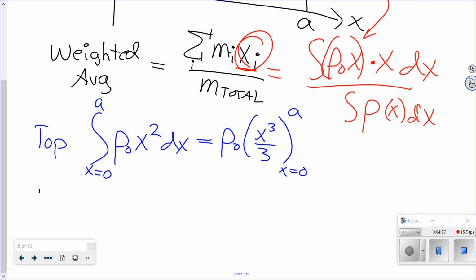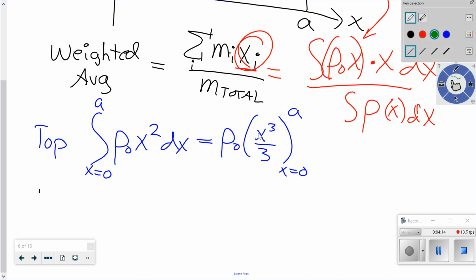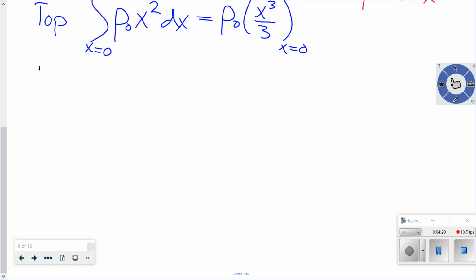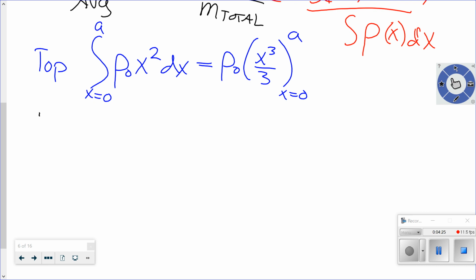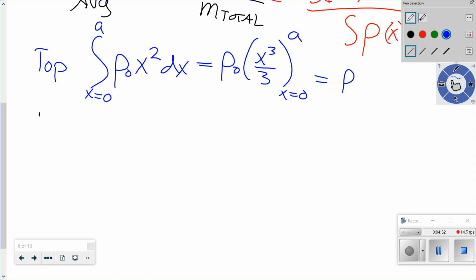Okay, we just do the integral. And then I need the bottom. So that's just rho 0 times a cubed over 3. Because of zeros, I don't need zeros.